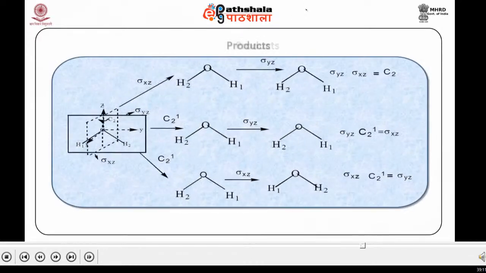The products sigma xz dot sigma yz, C2 dot sigma yz, and C2 dot sigma xz give C2, sigma xz and sigma yz respectively, which are not the elements of the subgroup under consideration.